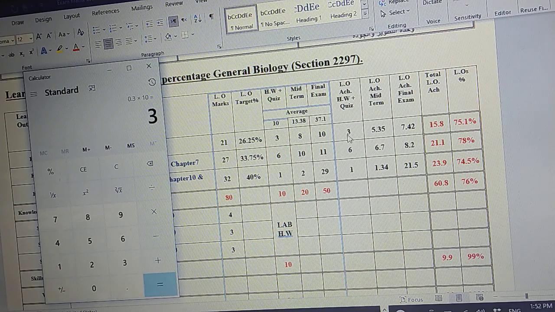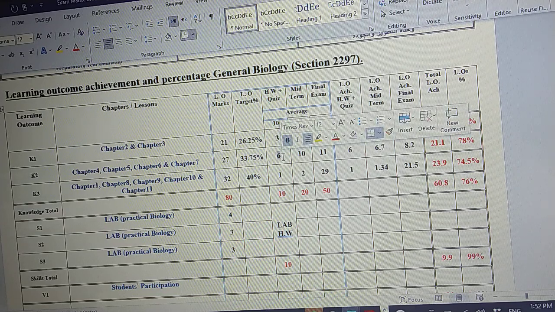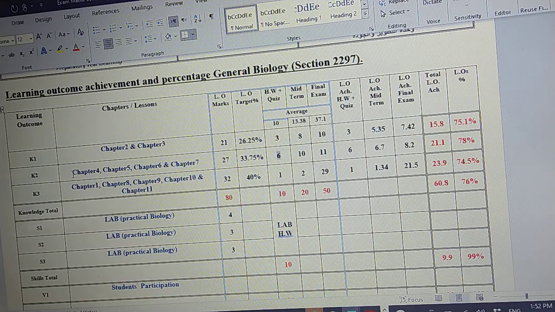So it will be 3. Also here for K2, 6, which is the mark of K2, divided by 10, the total mark of this assessment method, times 10, which is the average, it will be 6. For K3 also it will be 1.